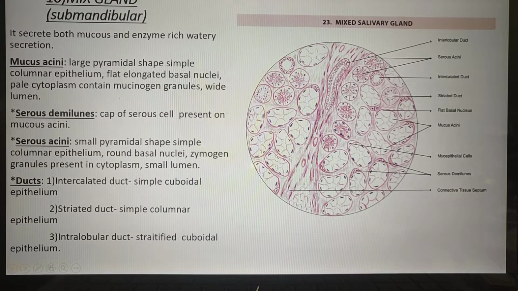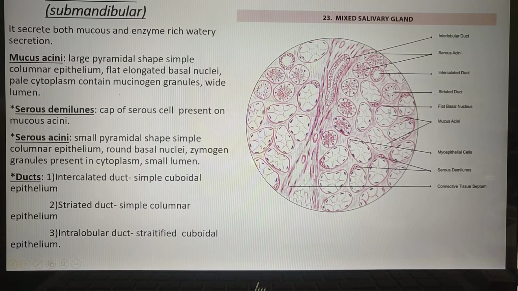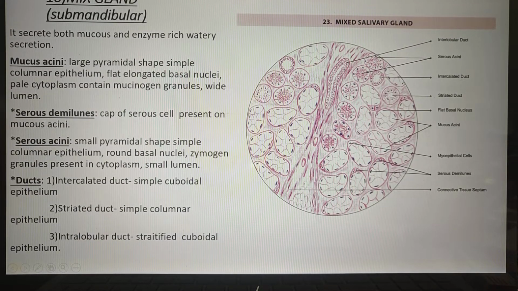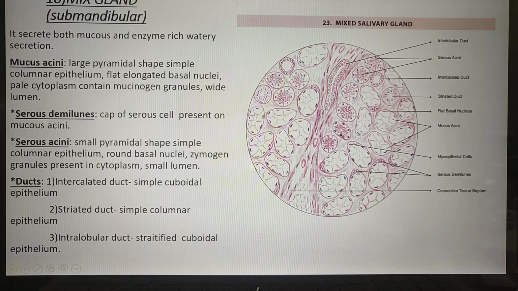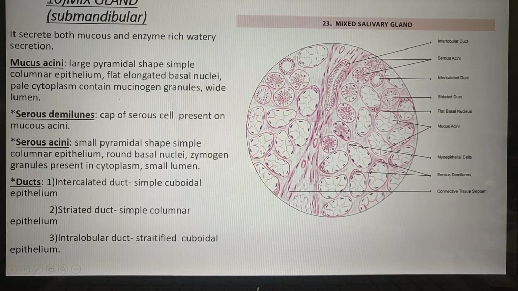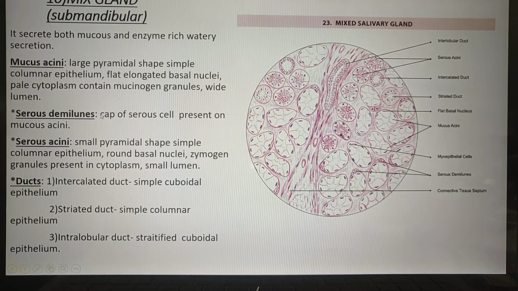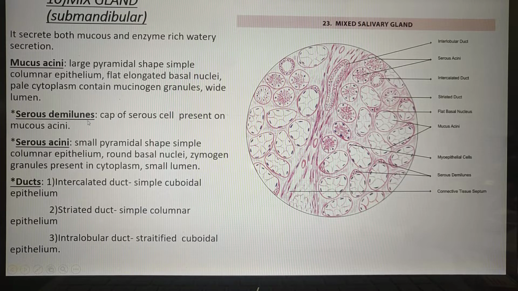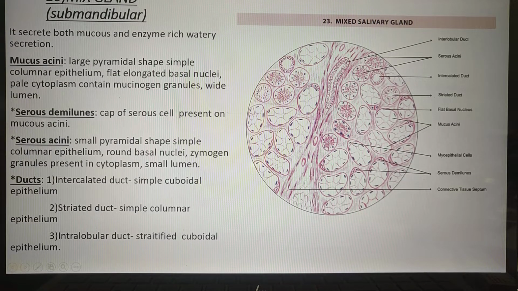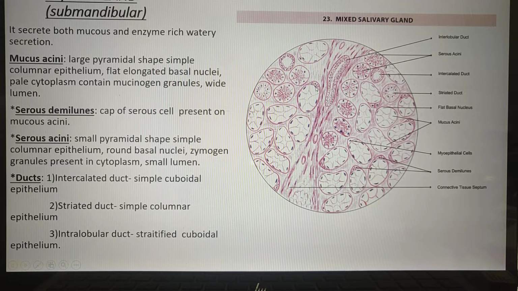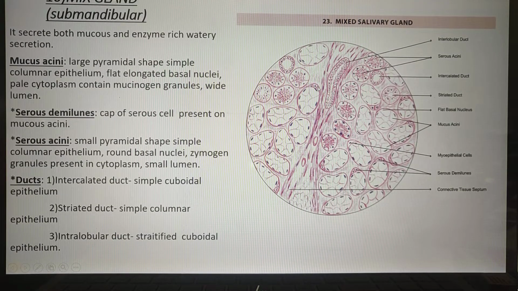Here you can see a mucus acinus, with large pyramidal shapes, simple columnar epithelium, flat basal nuclei, and pale cytoplasm containing mucinogen granules, while the serous demilunes are caps of serous cells present on mucus acini. Here you can see the diagram of the serous gland over the mucus acini.